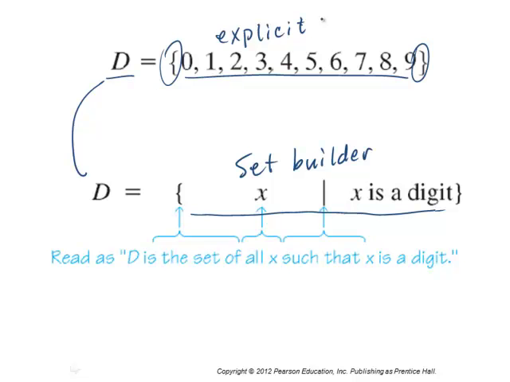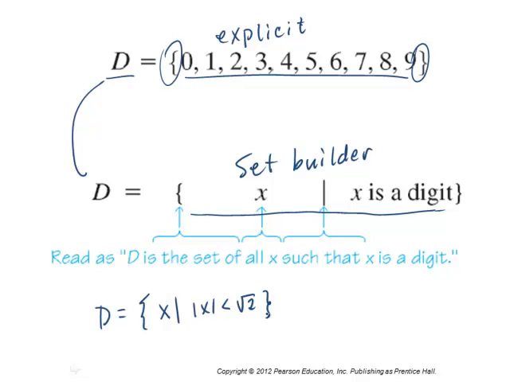All right, you can use set builder notation for an interval, for example, like this. So if you want to talk about the set of real numbers whose absolute value is less than square root of 2, then you can write it like that.